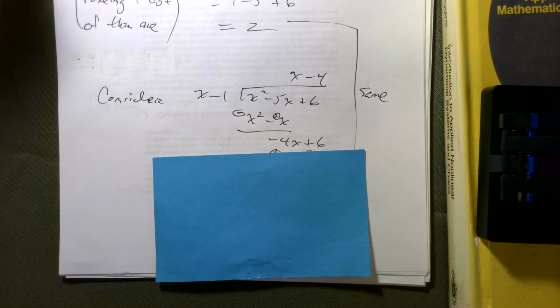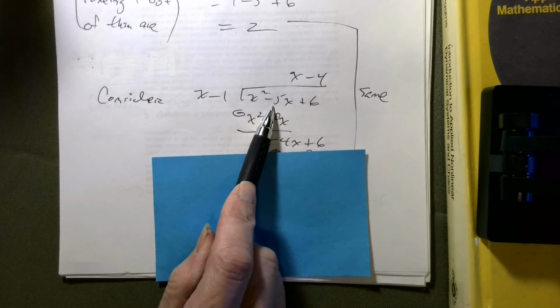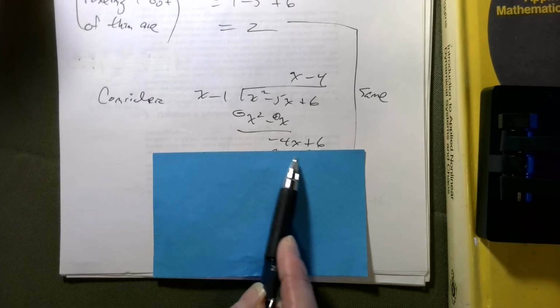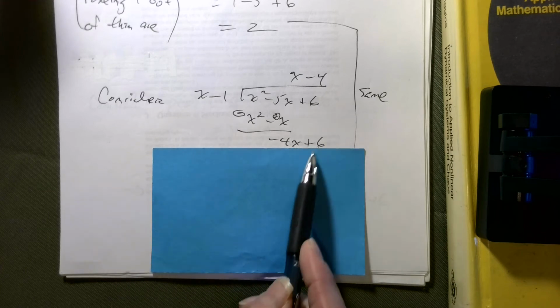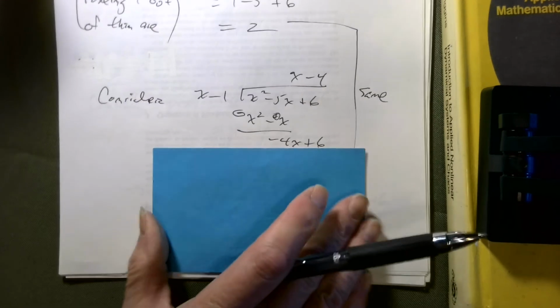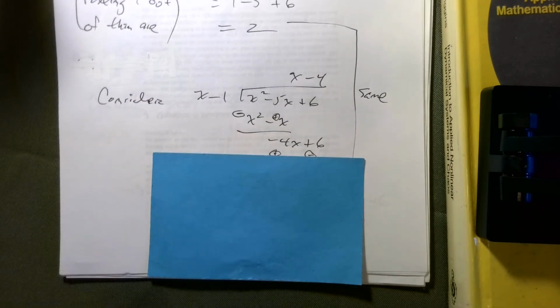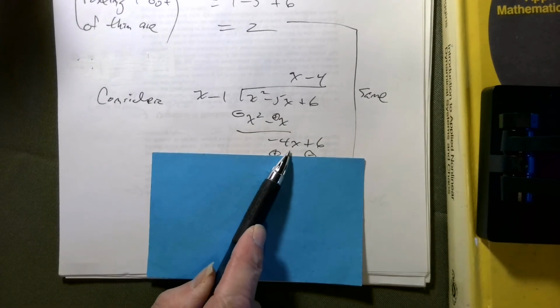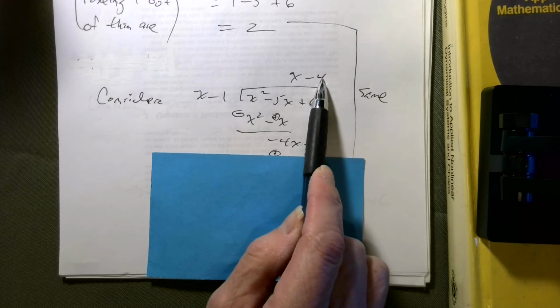And now I have x minus 5x, which is a negative 4x. Now we have a problem. We have a single digit object and a 2-digit. We bring down the 6. And now I ask the question, what do I have to multiply x by to get me a negative 4x? Well, a negative 4.